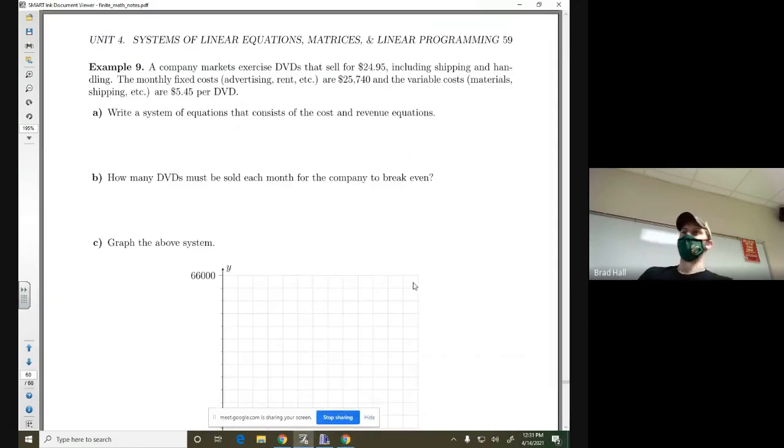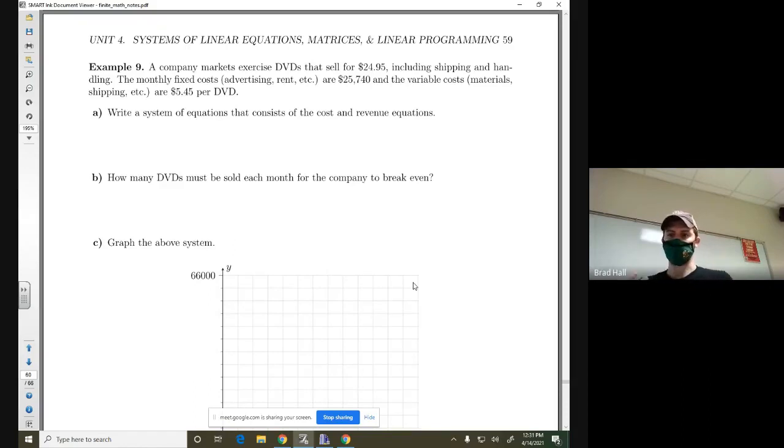So we had one more example for this section. This is example 9. And this is, as you can see, a word problem. There is a company that sells DVDs. They sell them for $24.95, which includes shipping and handling.